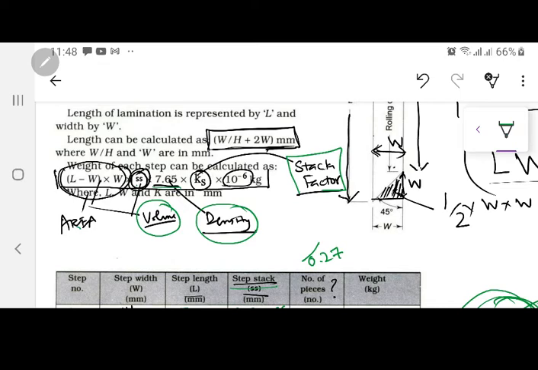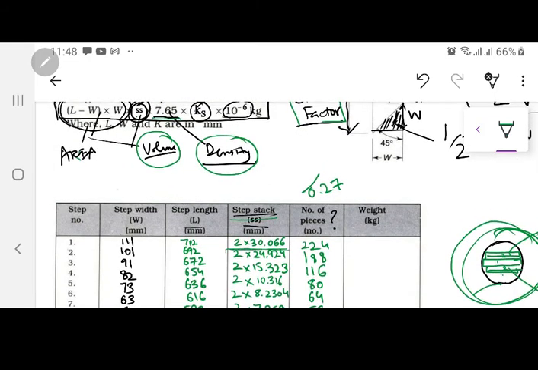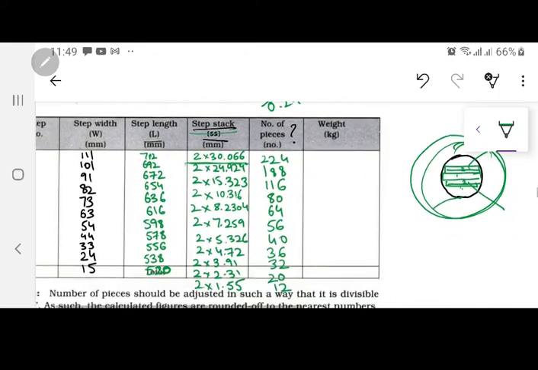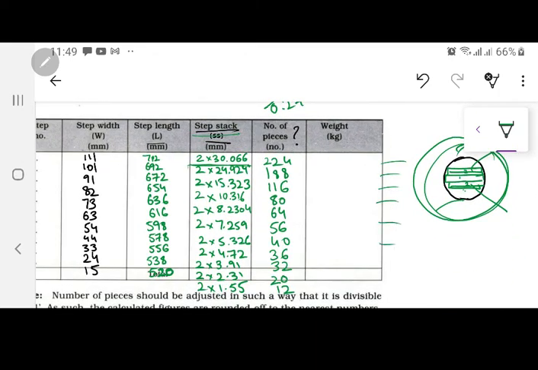So find out the area by this formula, multiply it by SS. What is SS? 2 into 30.066. Then multiply it by 7.65 into 10 raised to power minus 6, and then multiply it by stacking factor, which I have kept as 0.95. This will give you the weight for all the 11 steps individually. Do it.